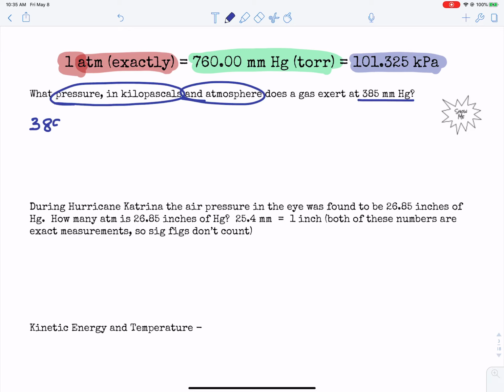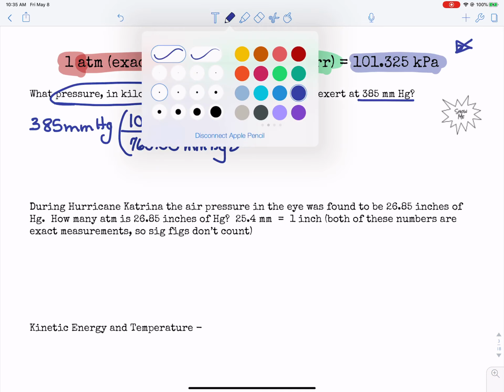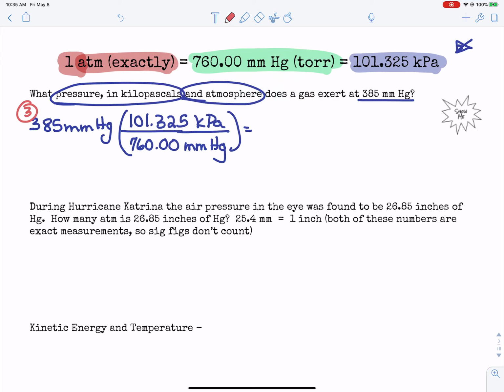So 385 millimeters of mercury, using the conversion factors that are up here, I know that 760.00 millimeters of mercury are exactly equal to 101.325 kPa, kilopascals. Multiply by the top, divide by the bottom. Significant figures: this one has 3, this one has 5, this one has 6. So my answer is going to be 51.3 kPa, that's kilopascals.